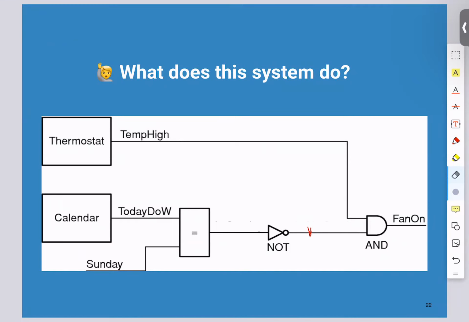And then we are saying the fan is on if temperature is high and day of week is not Sunday. So this is a logic AND, this is a NOT, this is an equal function, and then I have temp high coming in.